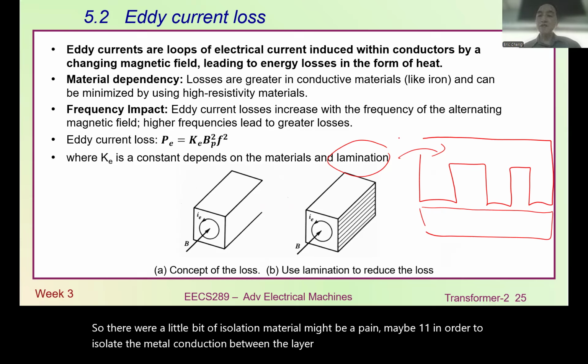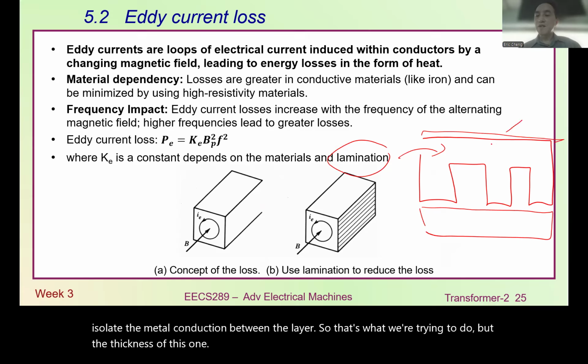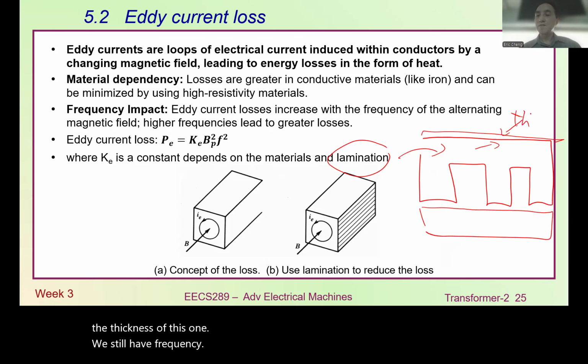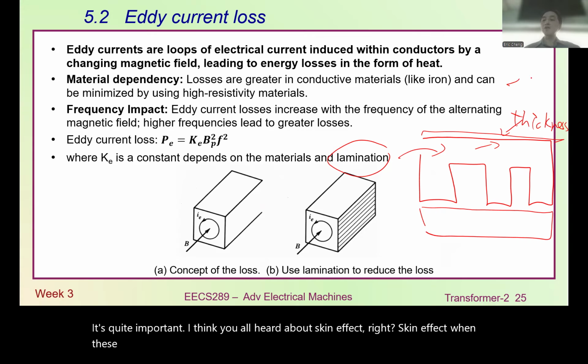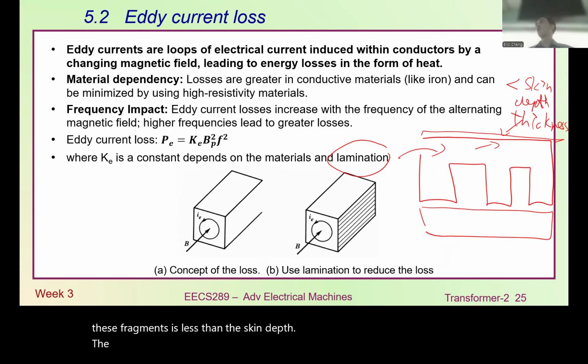The thickness of these layers is quite important. I think you all heard about skin effect, right? When this thickness is less than the skin depth, usually the losses can be small or negligible. But the skin depth is related to the frequency: the higher the frequency, the smaller the skin depth.